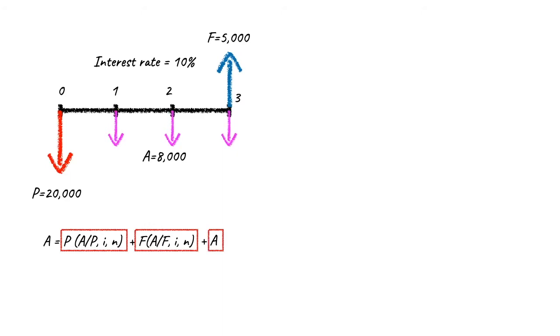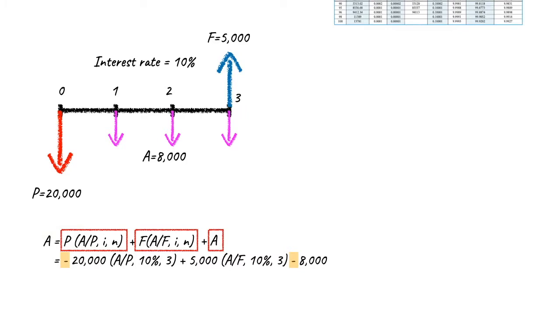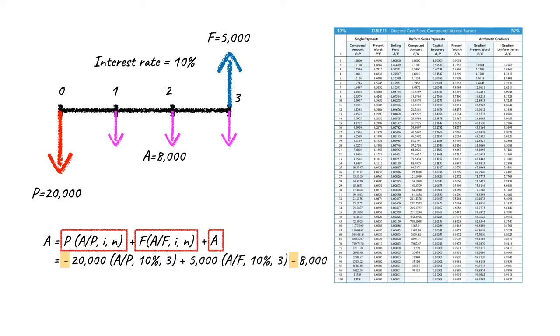Okay, substitute all values in the equation with I to be the interest rate of 10% and N to be 3 years. Make sure cash flow with downward direction are represented with negative value. Now, I hope you still remember how to get the values for the control factor. Please use a formula or use the given interest table.